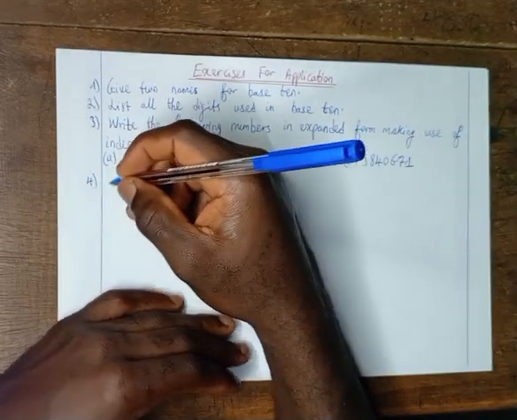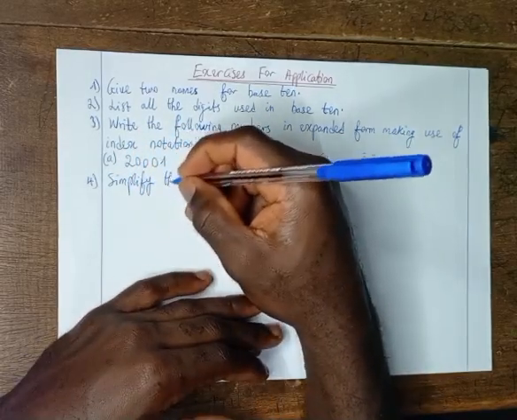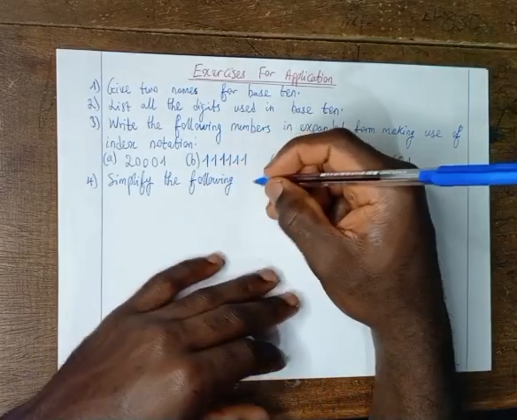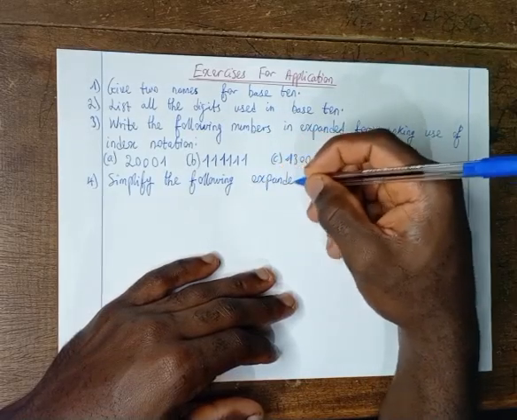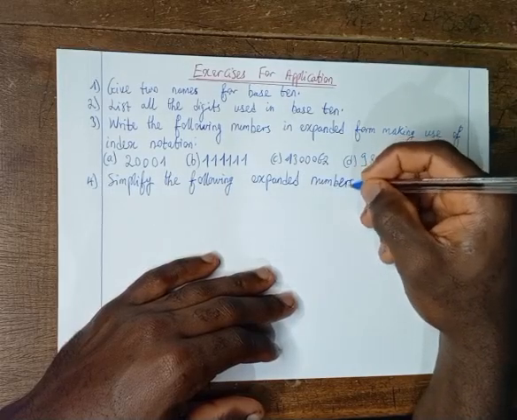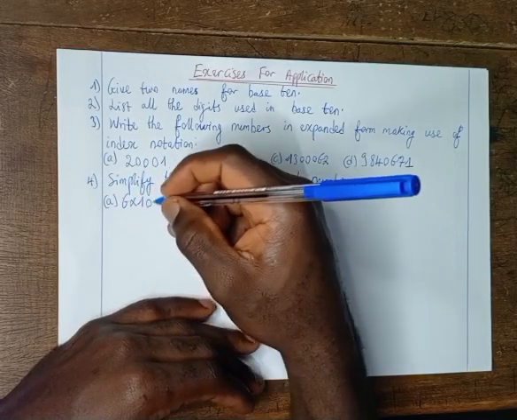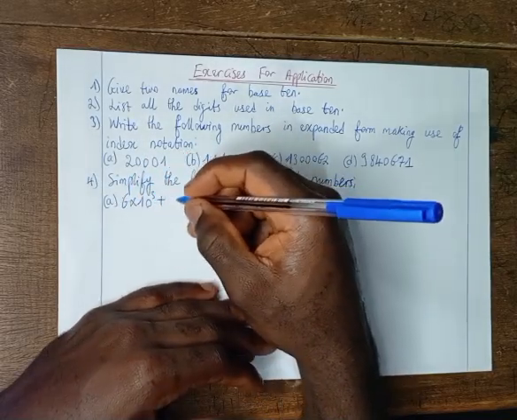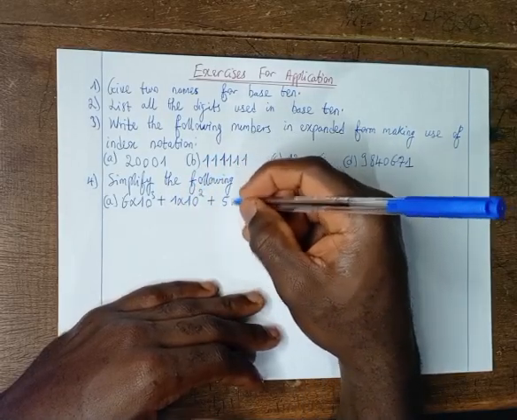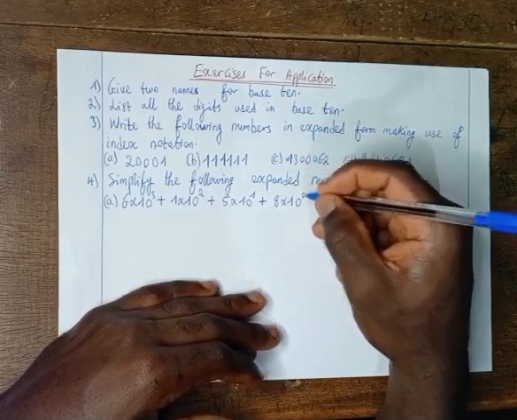Question 4. Simplify the following expanded numbers. Here we have 6 times 10 to the power 3 plus 1 times 10 to the power 2 plus 5 times 10 to the power 1 plus 8 times 10 to the power 0.